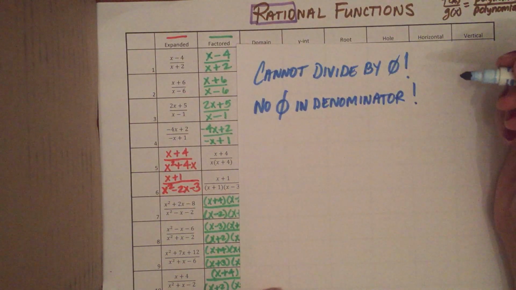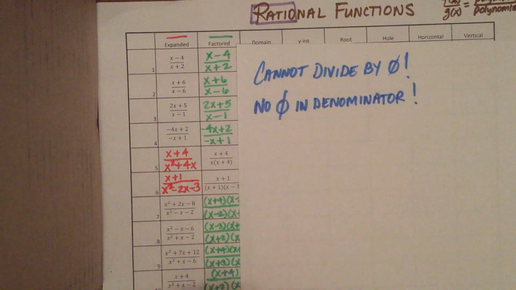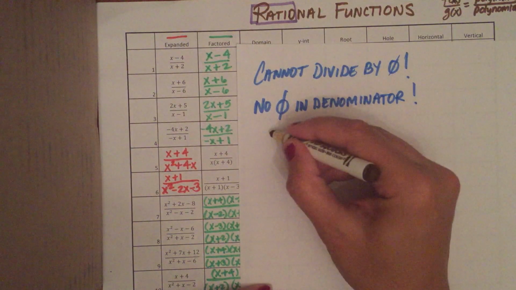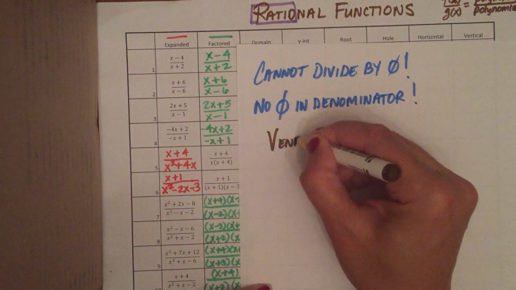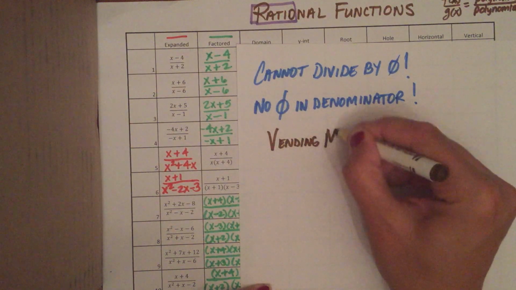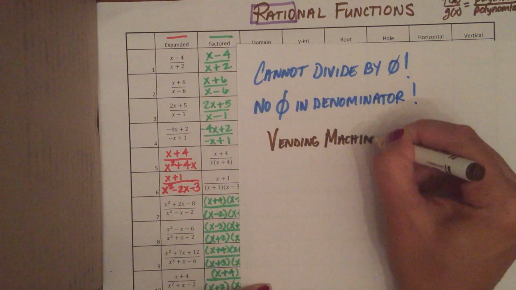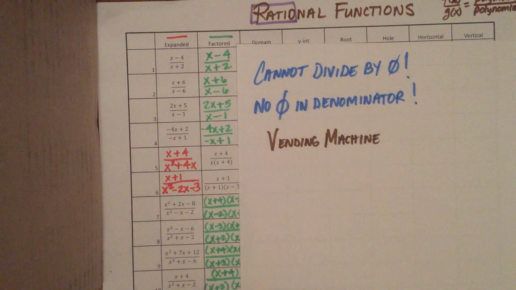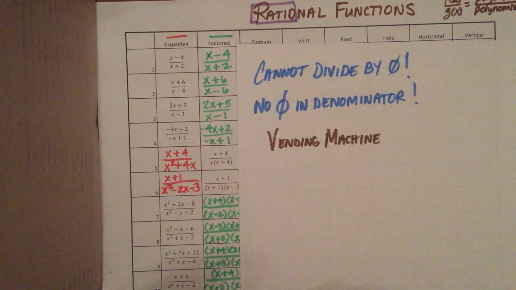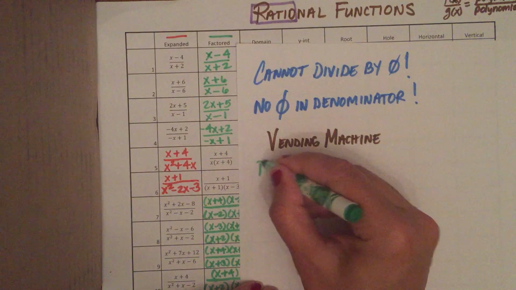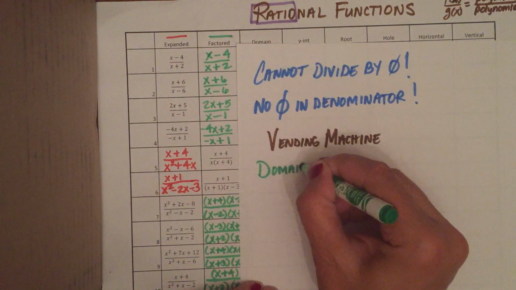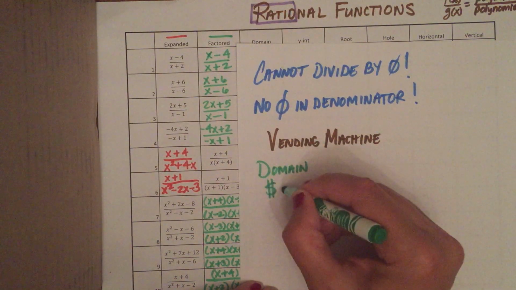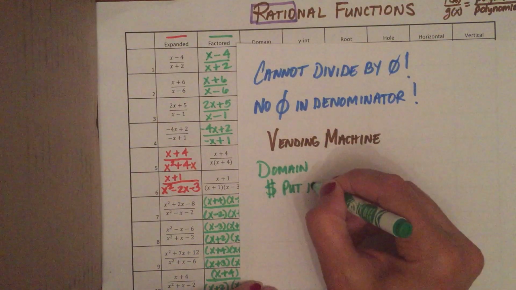We cannot have it. The example I like to use when we're doing domain and range, input and output, is a vending machine. Just imagine any kind of vending machine you may have. The domain for a vending machine is the money you can put in.